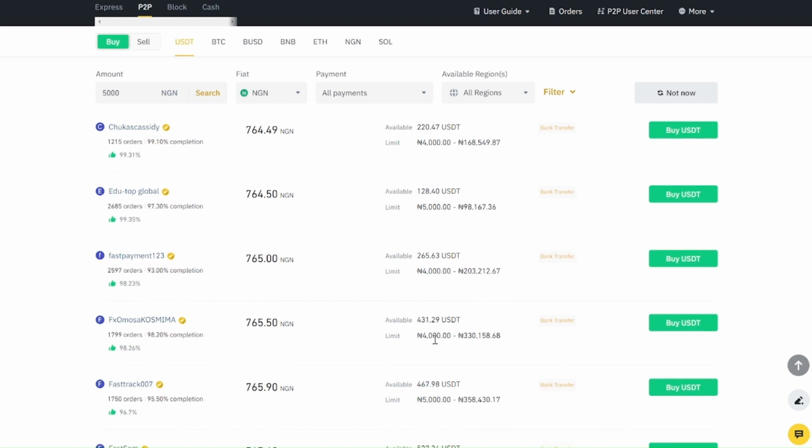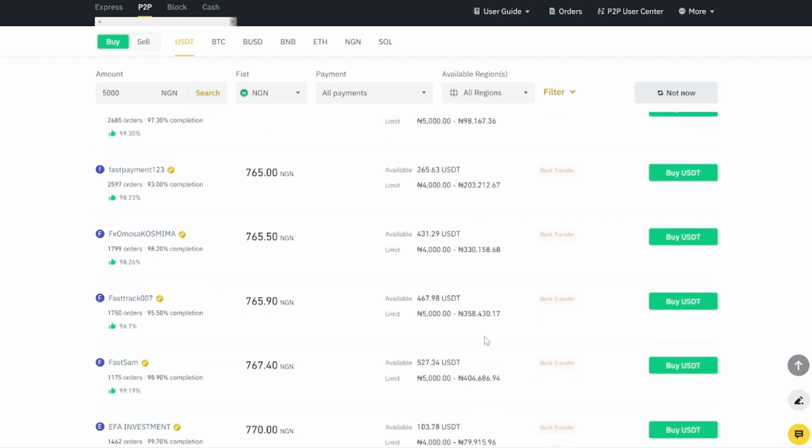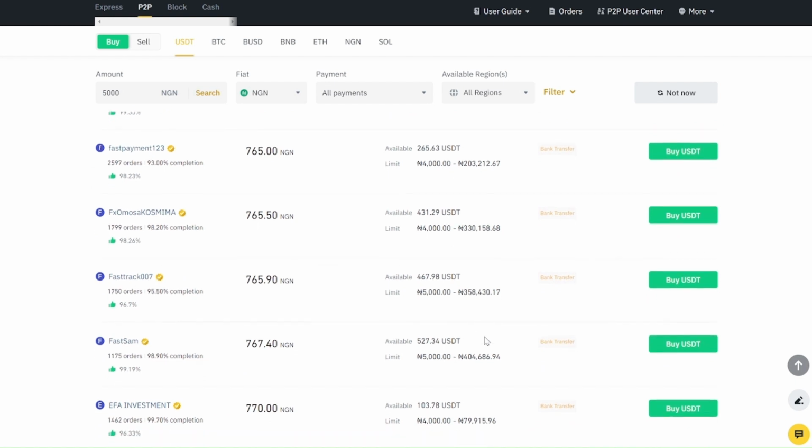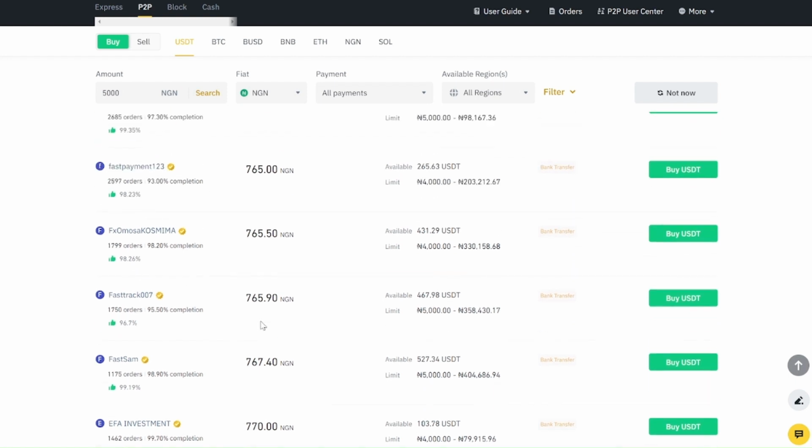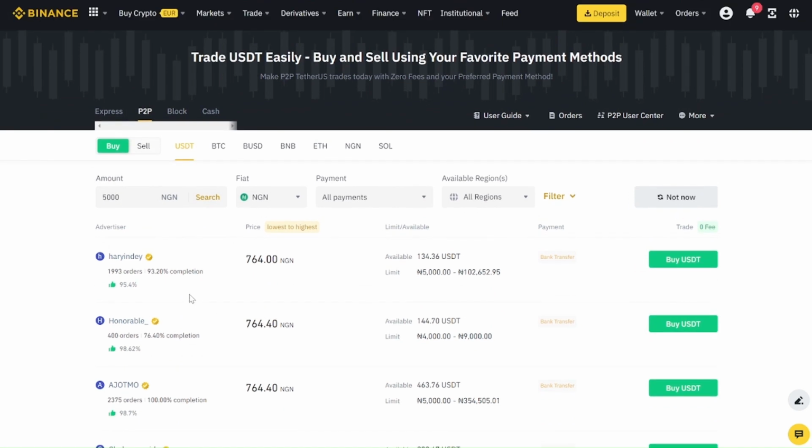And this guy has from 4,000 to 330,000. So these guys place themselves to sell to people who have a small amount of money to trade, and they're going to buy as high as 770 over here. And this is the lowest price right here, 760.